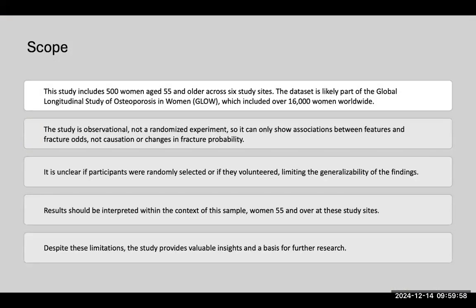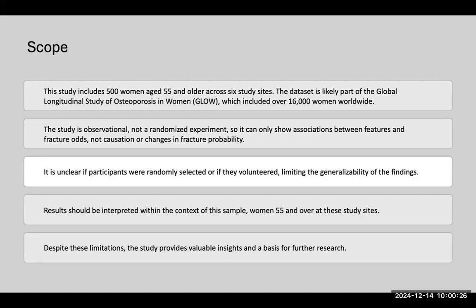This study includes 500 women aged 55 and older across 6 study sites. The data set is likely part of the global longitudinal study of osteoporosis in women, GLOW study, which included over 16,000 women worldwide. It's an observational study, not a randomized experiment, so it can only show associations between features and fracture odds, not causation or changes in fracture probability.